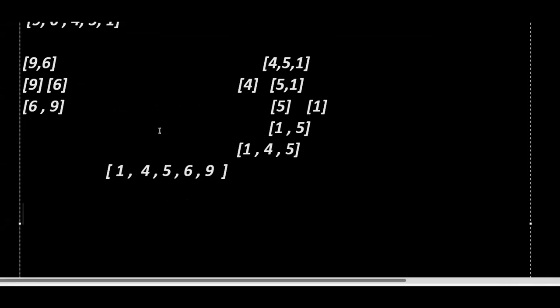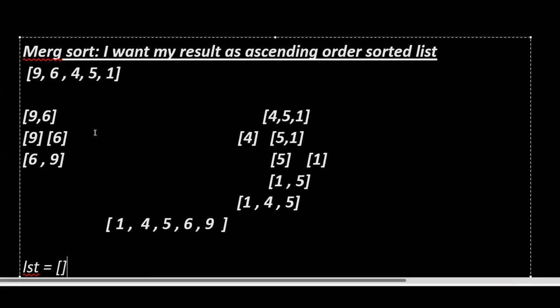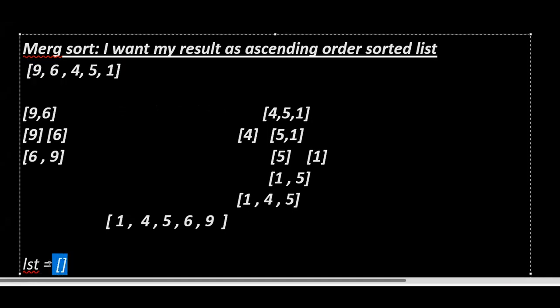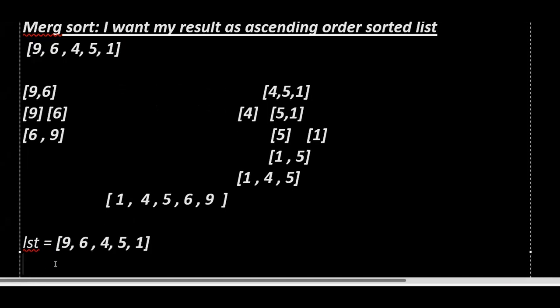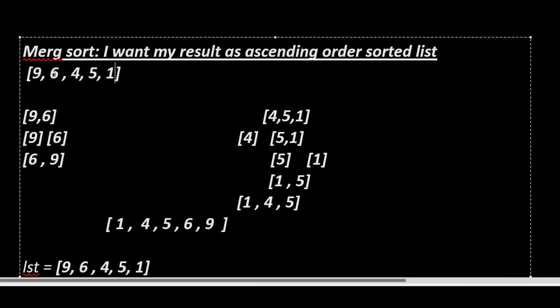Let us say my list is stored in the variable lst, and it contains the data that I want to sort. So now you can tell me what I'm doing. I'm dividing the left sublist and the right sublist. Sir, how to divide a list into left sublist and right sublist? Here we are dividing based on the middle element.